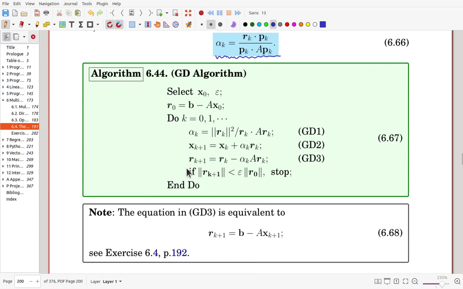Now here the residual r k plus 1 is defined in this way, b minus A x k plus 1. But rather than that one, we try to use this equation. The reason is here.